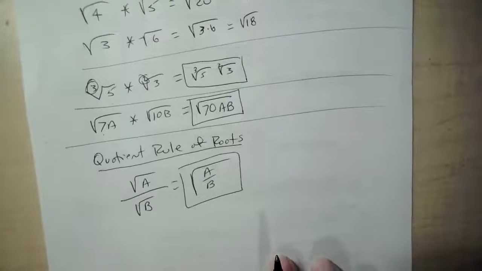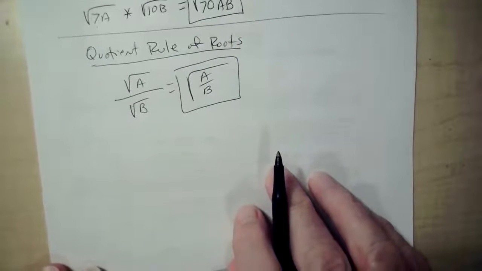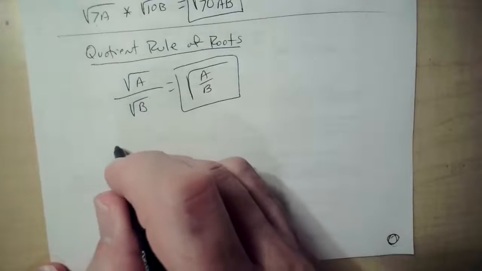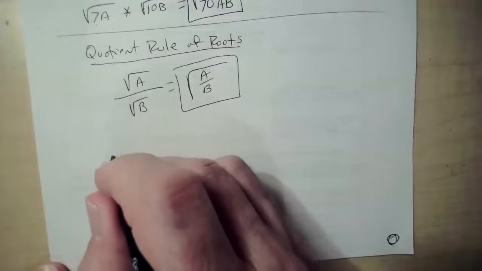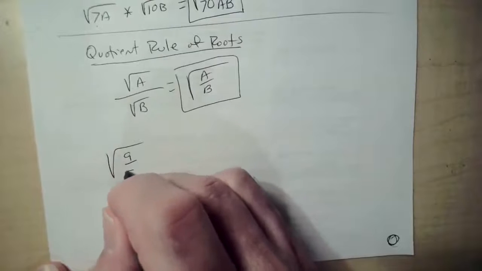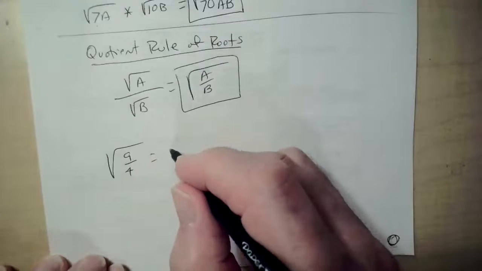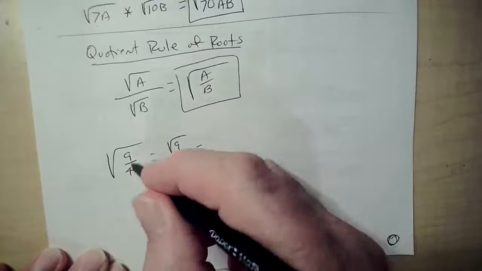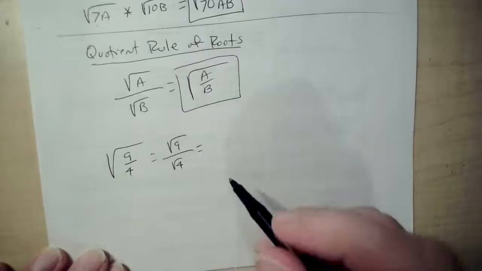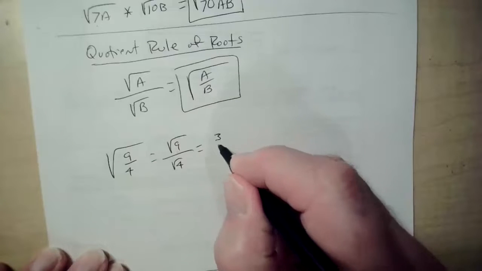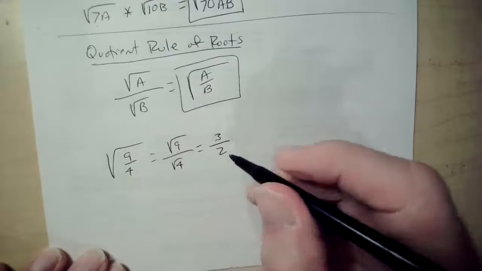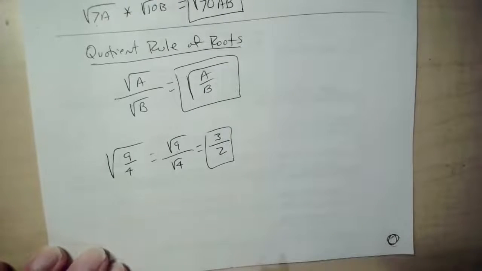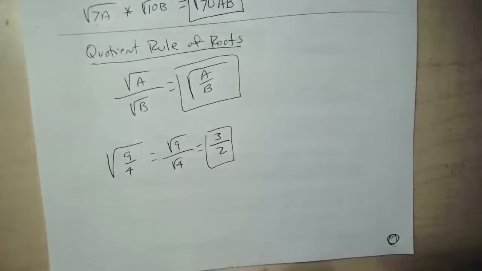Therefore, if we have the square root of 9 over 4, that equals the square root of 9 over the square root of 4. Or you can do it like this. And what's the square root of 9? Plus or minus 3. Square root of 4 is 2. Plus or minus 2. Okay, or you can just do it from here if you want.